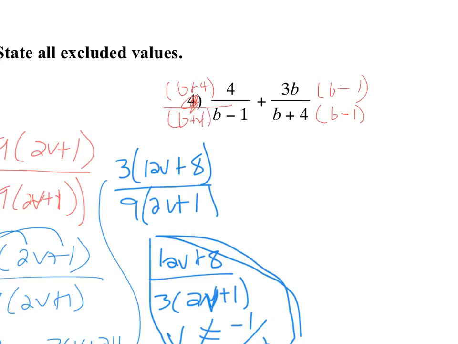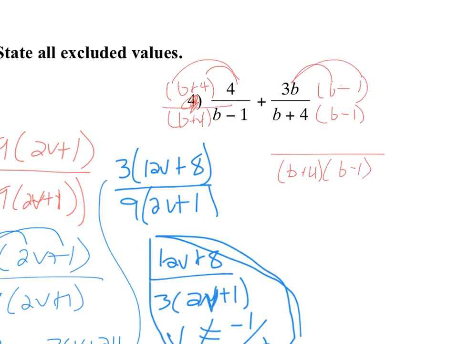Sorry, that big b is in the way. So we'll clean this up. I'm just noticing that I need to distribute those to each other, and I need to distribute that to those guys. So let's do that all together. So my common denominator now, oh, nice, that's awesome, because I've got b plus 4 times b minus 1. And that's the common denominator for both of them.